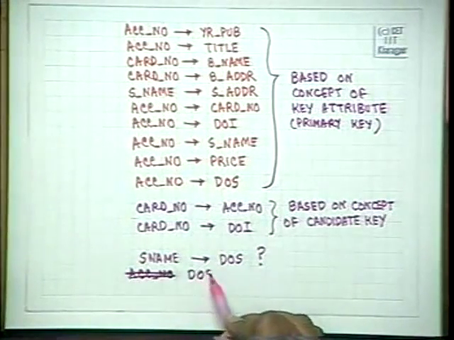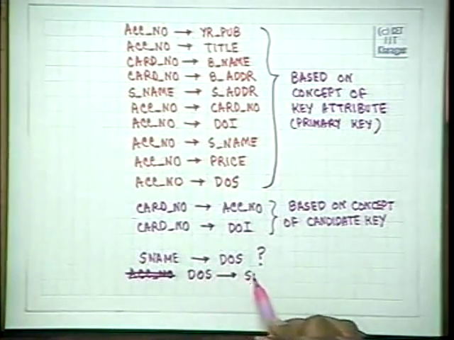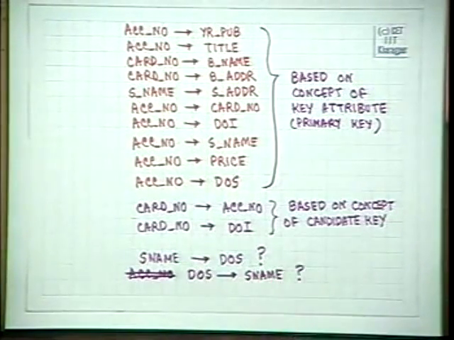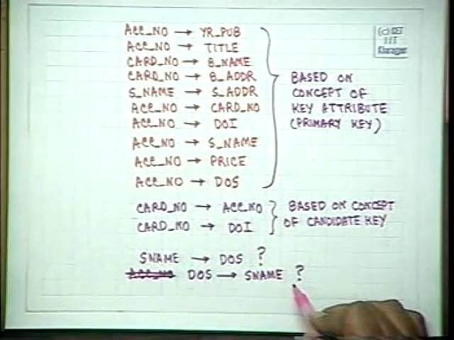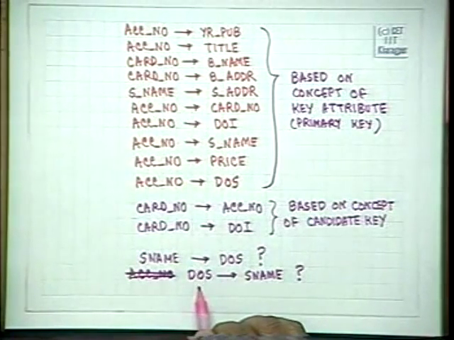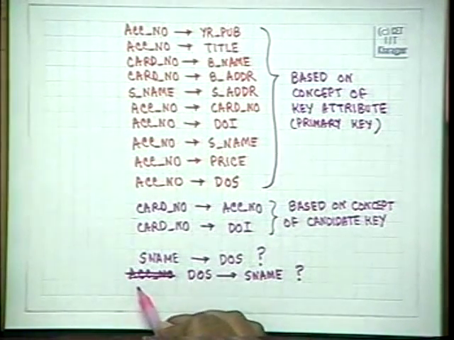Is this the case? This will mean what? The library purchases only one book per day. This means combination of loss and S name will have, let us see what this means.